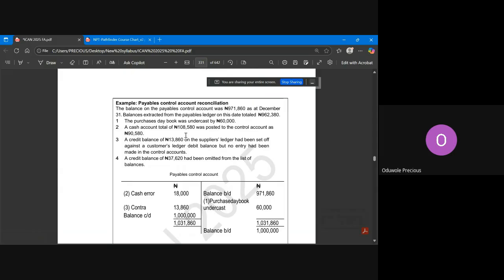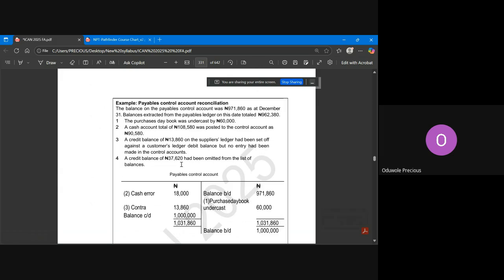And the third one is credit balance of 13,860 on the suppliers ledger has been set off. This one you don't even need to read. It was set off, but no entry has been made in the control account, so you know that to be here. And the last one said the credit balance of 37,620 has been omitted from the list of balances.